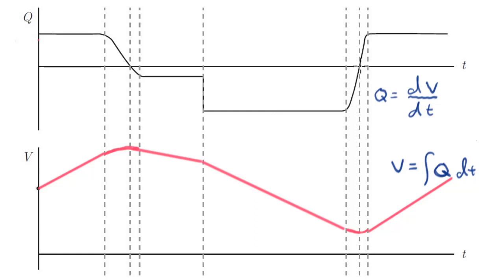Or over here we had Q passing through 0 and V was at its minimum, right? Whenever the derivative of something is 0, that's where it has its extrema. And we see it in these plots. So here we are plotting derivatives and integrals, and it's really important to know this relationship for dynamics.